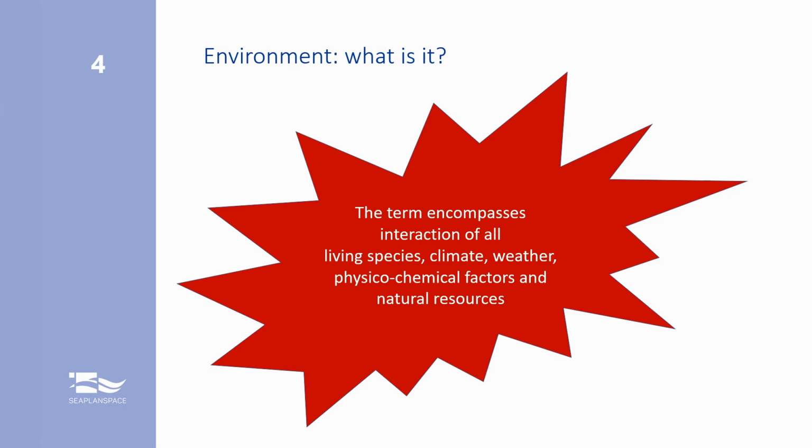And in particular, it encompasses interactions between all living species, between the climate, weather, various physical and chemical factors and variables, also various natural processes, and these days also several man-made processes or interactions which are possibly affecting survival of all living things, survival of humans, and also various economic activities from a perspective of a human being.